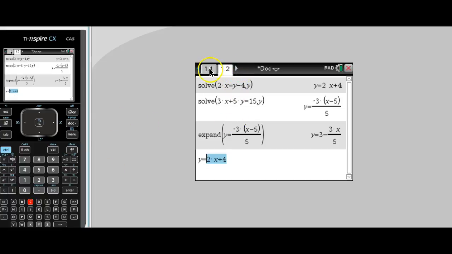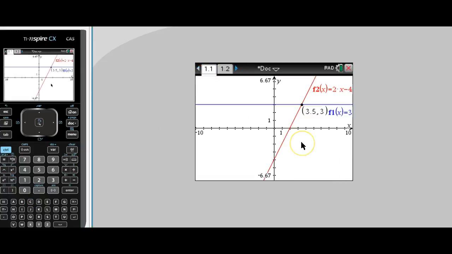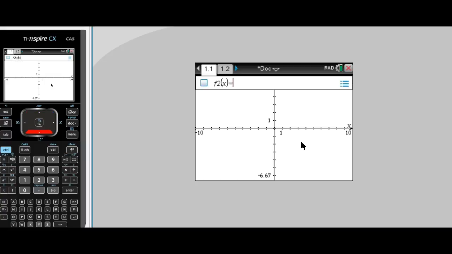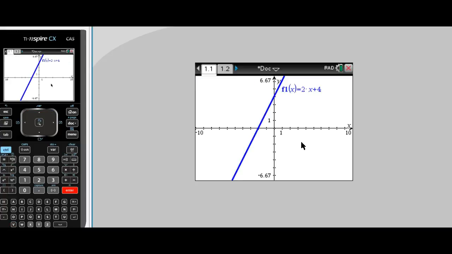We can go back to our previous graph one, press Tab to get that up and scroll up to delete what we've already got in there. Okay, so they've disappeared now, and Control V will bring out the 2x plus 4 that I had. If we're sketching this, I can see that my y-intercept is at 4 and my x-intercept is at 2.